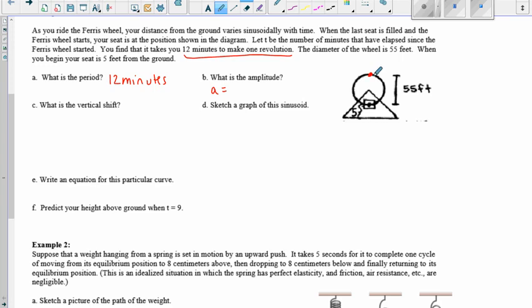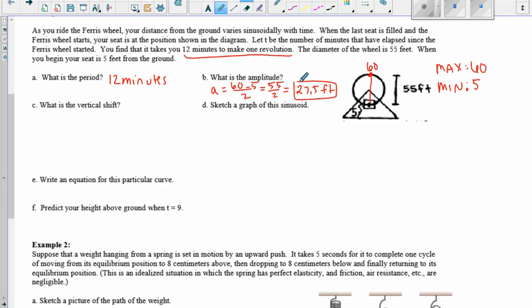If the diameter of the wheel is 55, and I know I'm 5 feet off the ground, that means the maximum is going to be at 60 feet, and the minimum would be at 5 feet. So the amplitude is 60 minus 5 divided by 2, which is 55 over 2, or 27.5 feet.